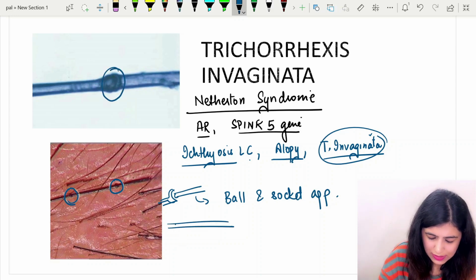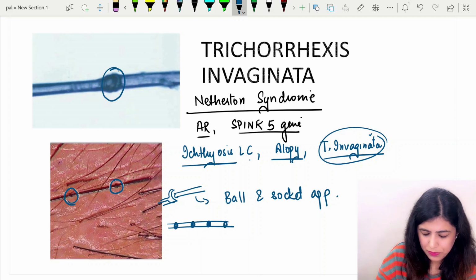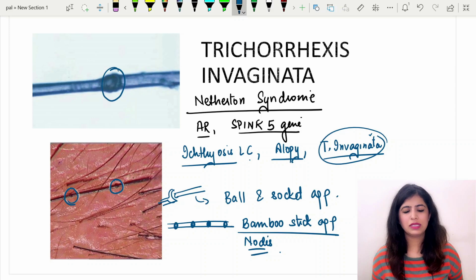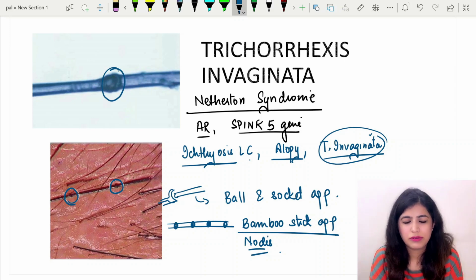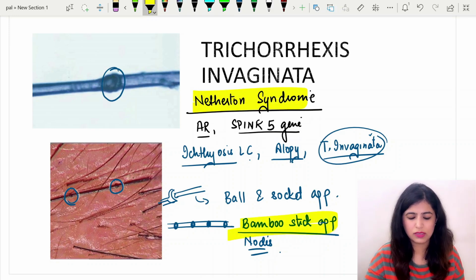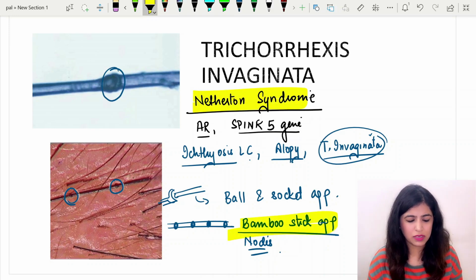So what you see is these multiple nodes on the hair, which give it a bamboo stick appearance due to the multiple nodes. This is the trichorexis invaginata. Remember, seen in Netherton syndrome, it has a bamboo stick-like appearance.